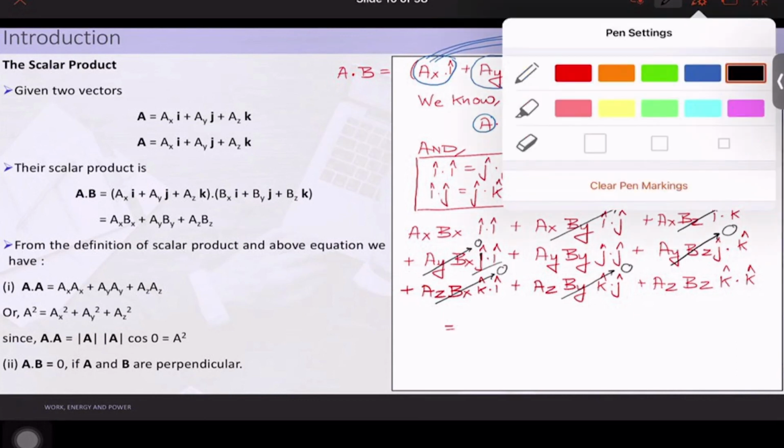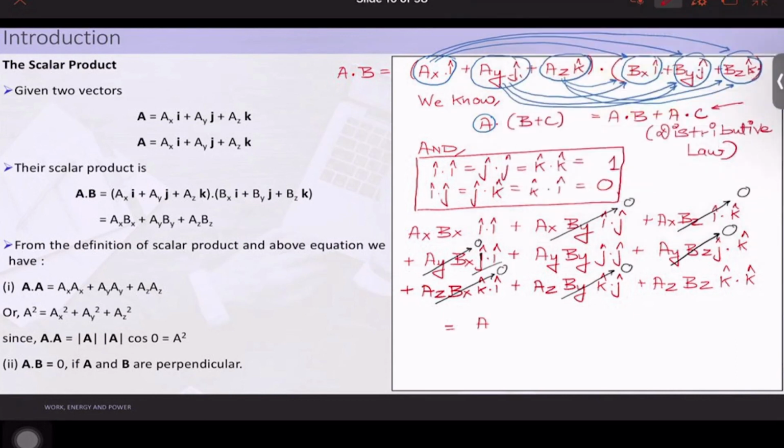Okay, so that leaves us with AX BX I cap dot I cap plus AY BY J cap dot J cap plus AZ BZ K cap dot K cap. Right?